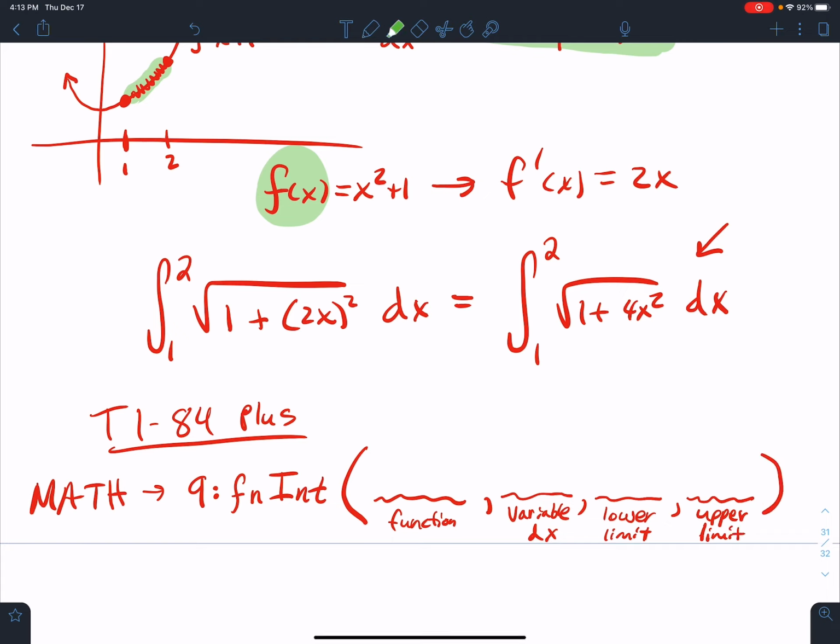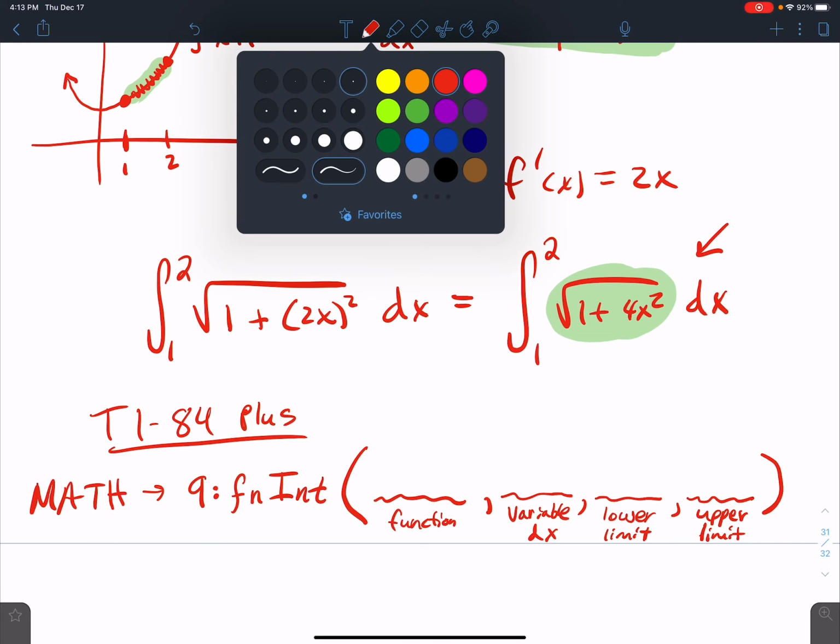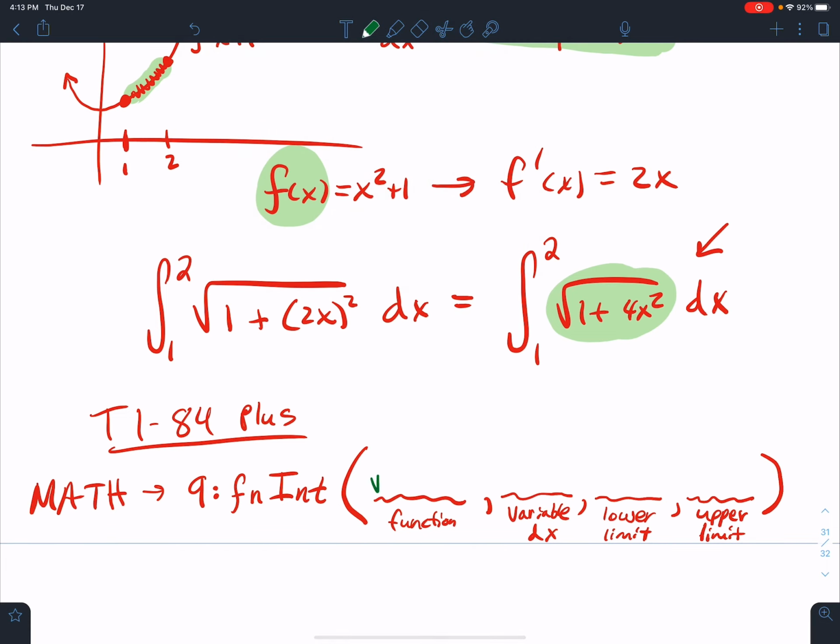For this particular one, the function is the square root of 1 plus 4x squared. So I'm going to plug in square root 1 plus 4x squared. The variable is x.